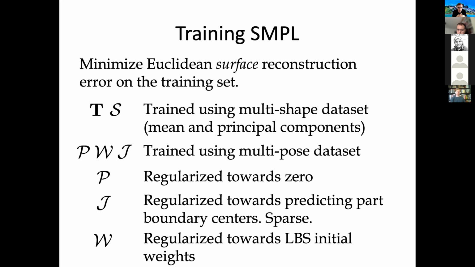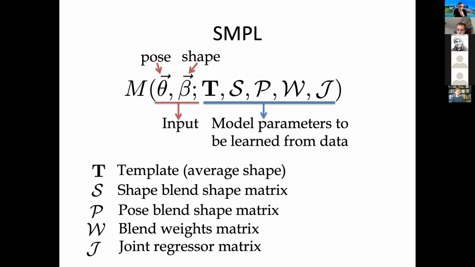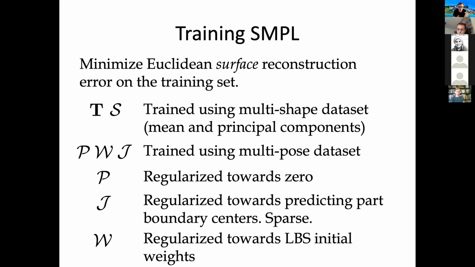So there's a bunch of regularization that has to happen to make this work. The pose blend shapes, the blend weights, and the joints are trained using this 1800 pose data set. The pose blend shapes are regularized towards 0 so that they don't go crazy, to make them a little bit sparse.